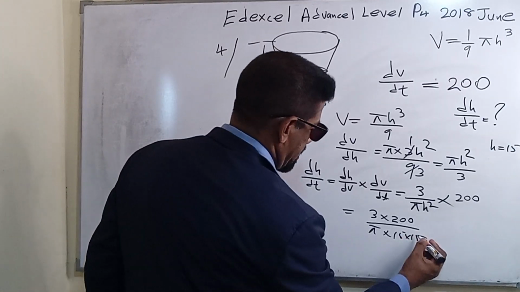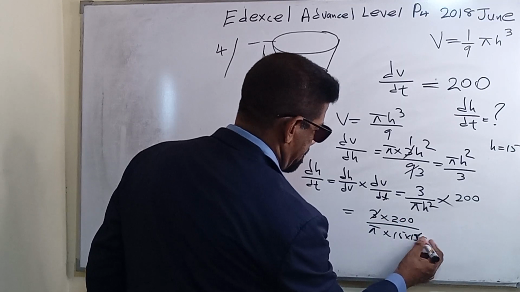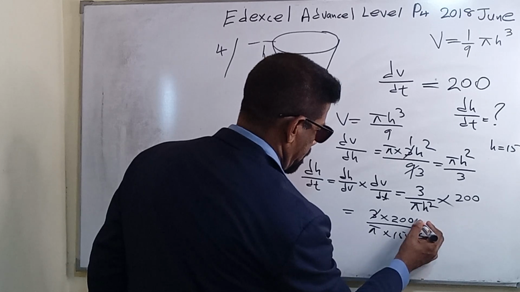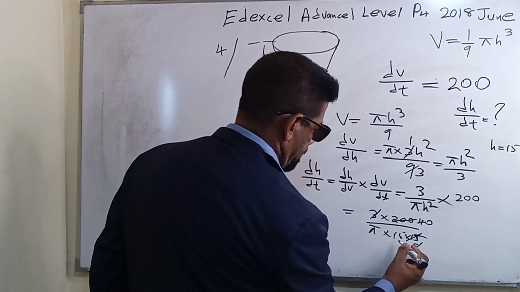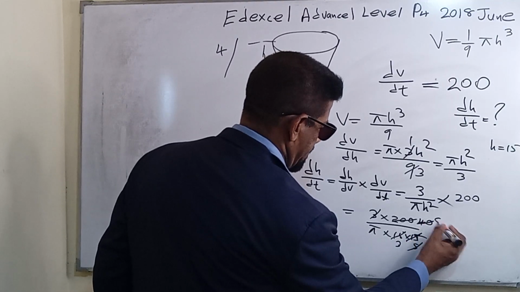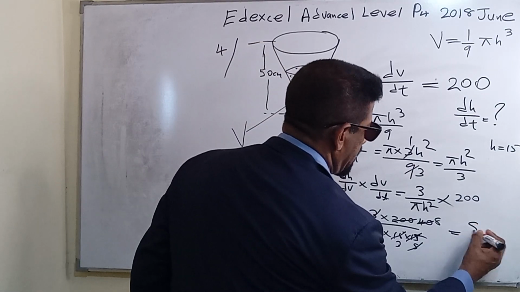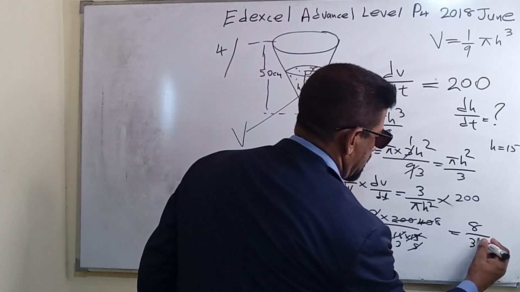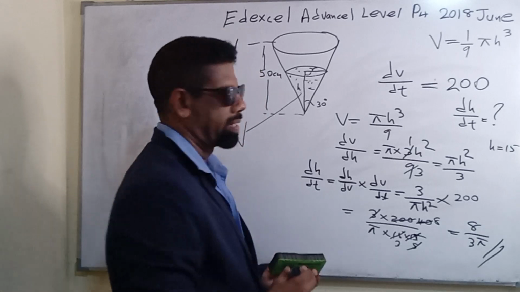So 3 times 1, 3 times 5, 5 times 4 and 0, then 5 times 3 and 5 times 8. So your answer comes 8 over 3 pi. That's the answer.